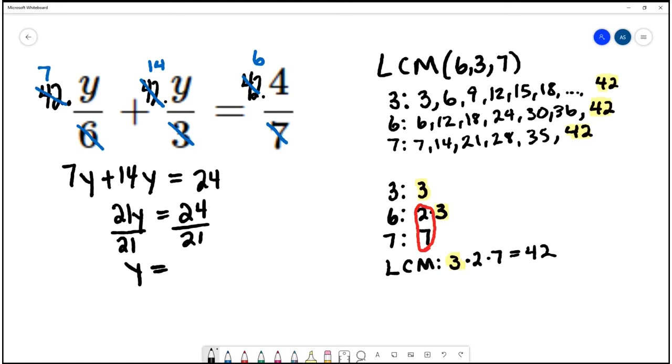We want to write that fraction in lowest terms. We have a common factor of 3. 3 divides into 24 8 times, and 3 divides into 21 7 times. So our solution for this equation is y equals 8/7.